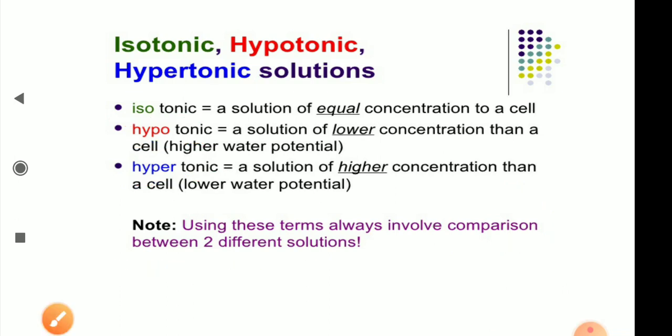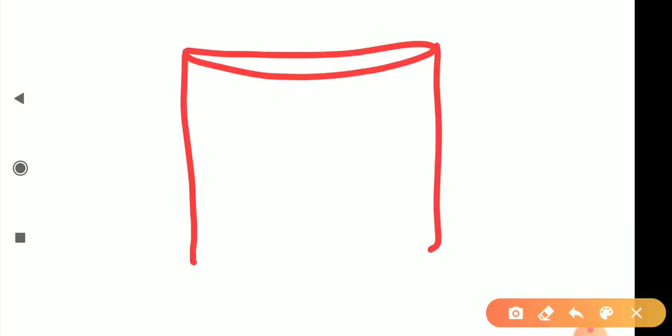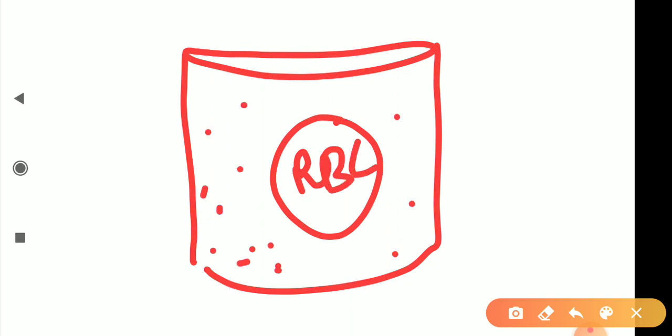Let me explain how. If I take a beaker, and in this beaker I have placed one cell, an animal cell, for example an RBC, and the outside environment where it is kept is water.